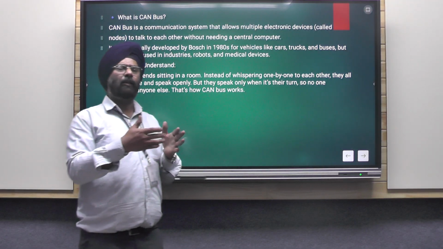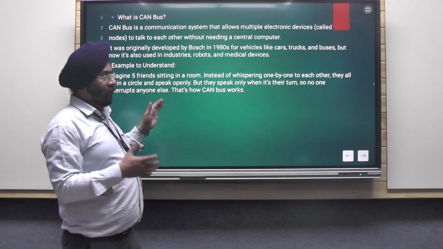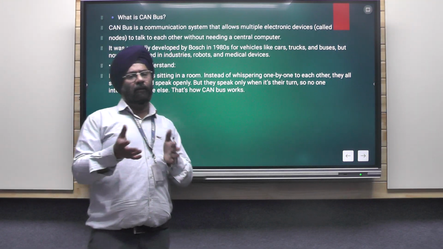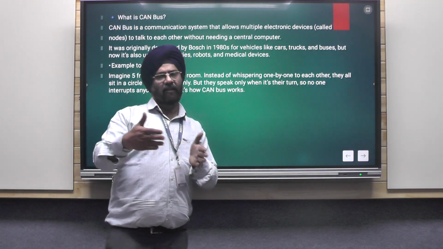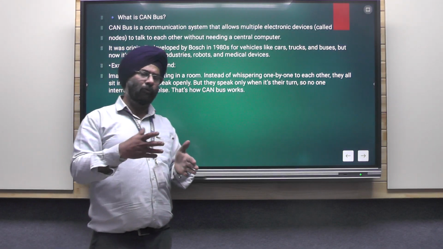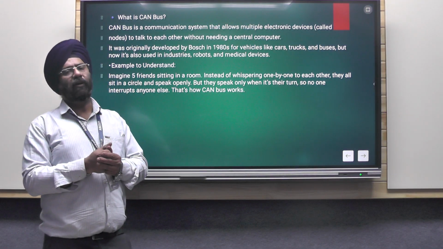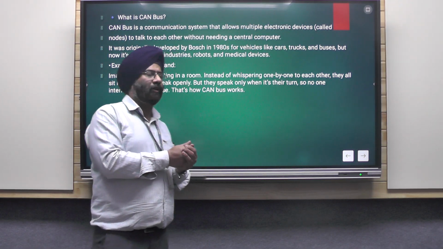So the engine devices are also talking to each other. Now in this modern era, we can connect a car with the ECU, the electronic control unit, to identify faults, where the fault is. It means the devices are also talking.